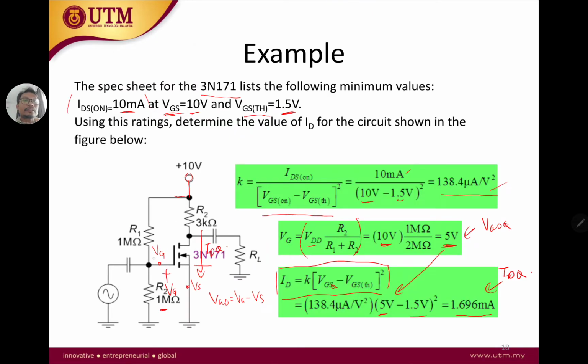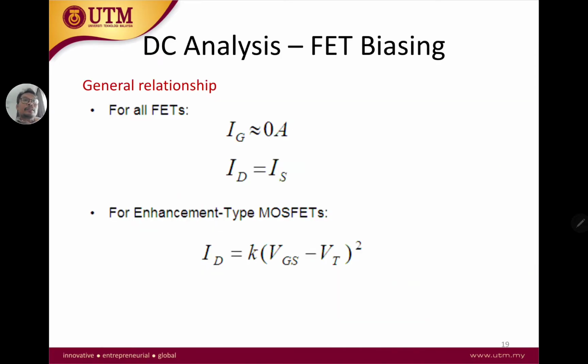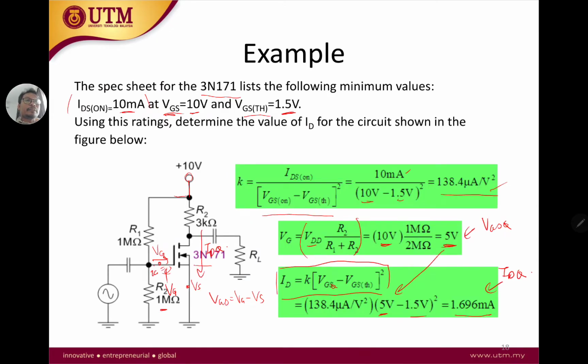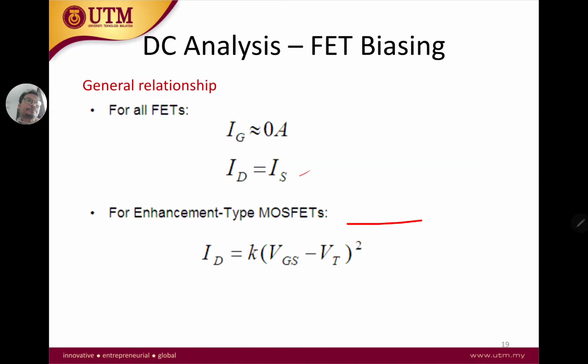So here IG equals 0. And then ID equals IS. So your drain current is equal to IS. The current flowing through here is equal to current flowing through there, which is also equal to the current going through the transistor. Okay, so ID equals IS.